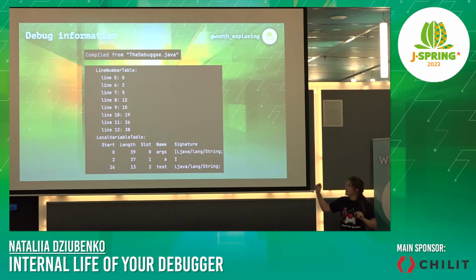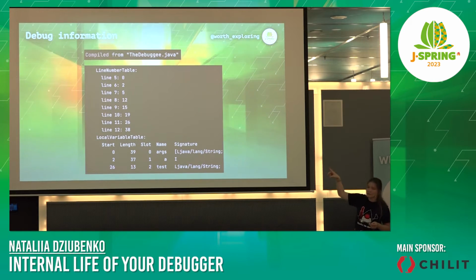It specifies the slot in the local variable array where the variable is stored, the type, the signature, the name, and also the visibility: from which index it starts and where it ends, like the length. The line number table is there by default in the bytecode, but in order to get the local variable table, you need to compile with debug mode on in javac.